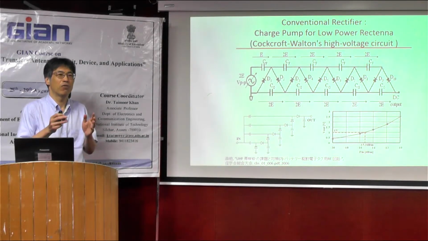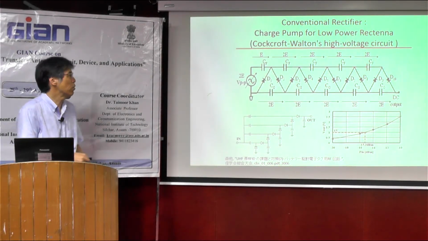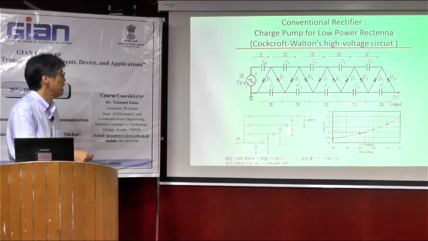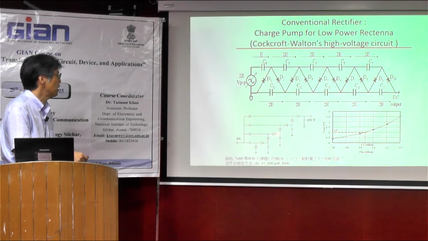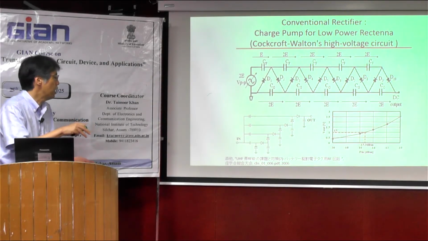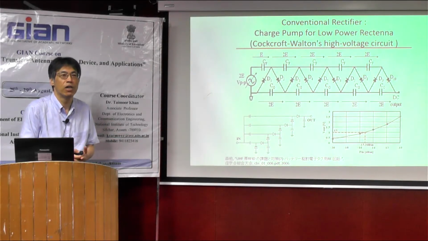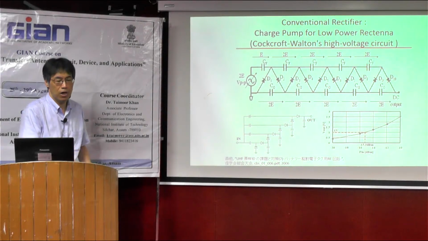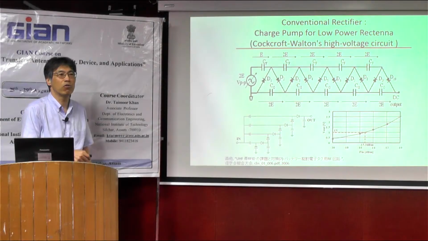In this case, we have to increase the output voltage from the weak, micro input power. With this series of diodes and capacitances, which is an easily understood circuit, we sum the rectified electricity step by step, and at last we reach enough power to drive a small IoT sensor, etc. So if you check some papers about the energy harvester, some of them adopt this charge pump or Cockcroft-Walton circuit.